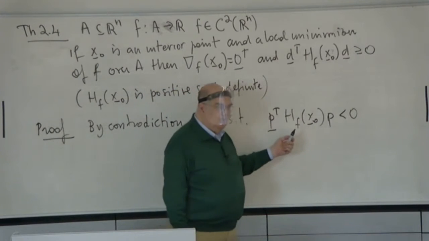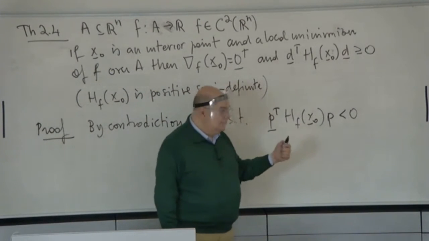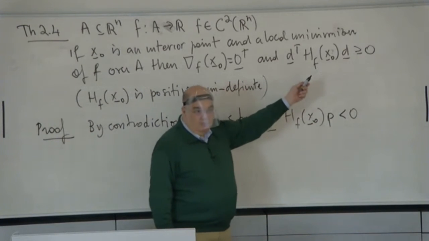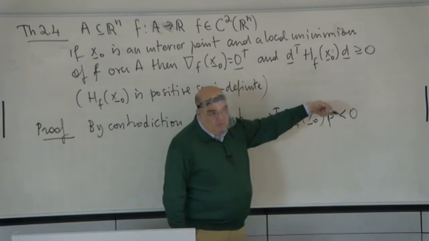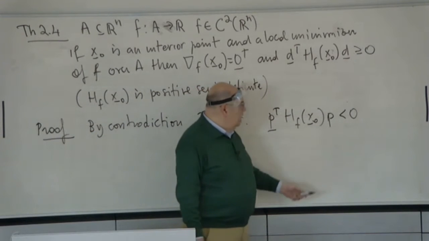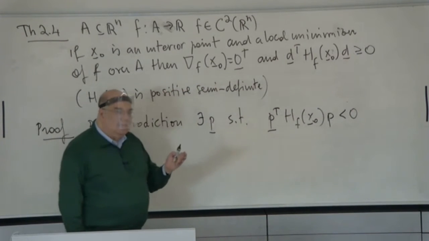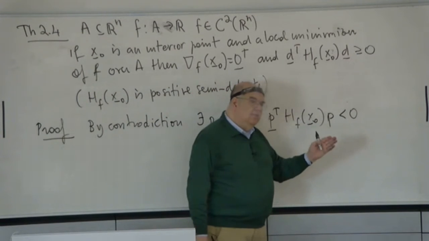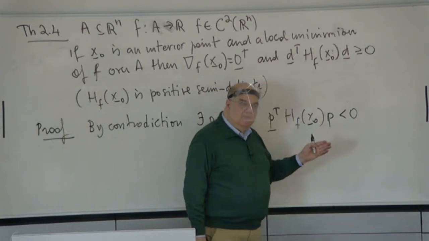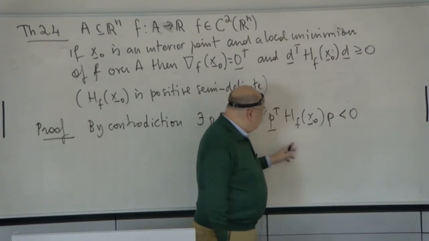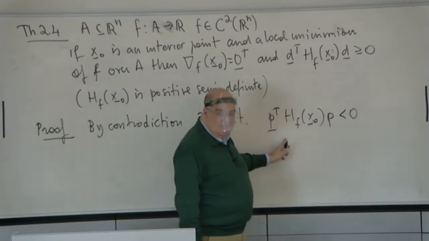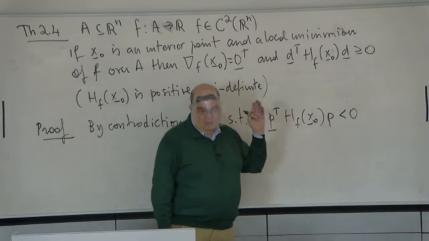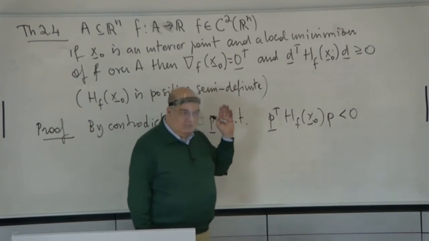In the previous case, we chose the opposite of the gradient, negative the gradient. And here we choose a direction for which this is not true. And the negation of greater than or equal to 0, of course, is negative, which means we assume that there is at least one direction along which you can move such that the value of this quadratic form decreases, is negative. And of course, this is the second degree term in the Taylor expansion, so you just do exactly what we did before.